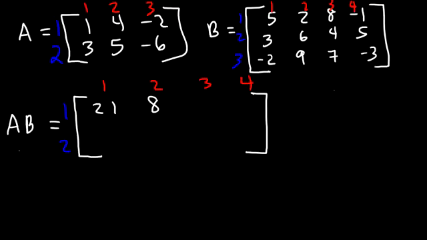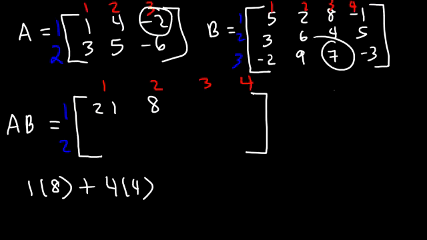Now let's move on to row 1, column 3. And that's going to be an entry in row 1, column 3. So we're going to multiply 1 by 8. And then 4 by 4. And then negative 2 times 7.